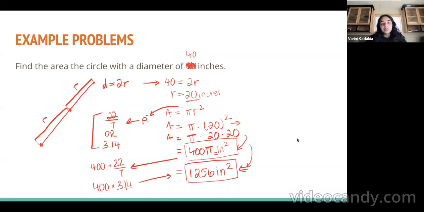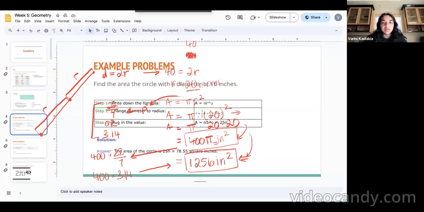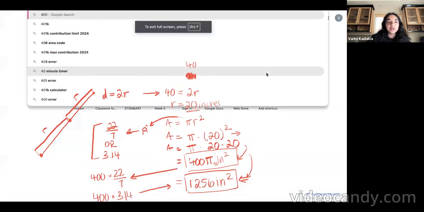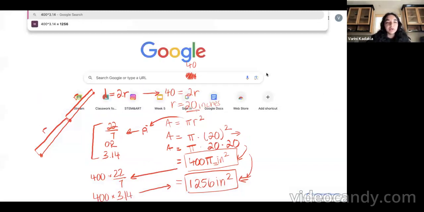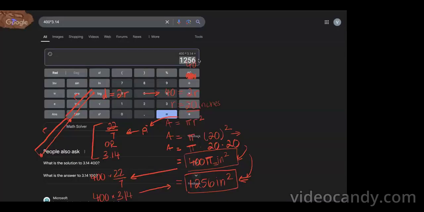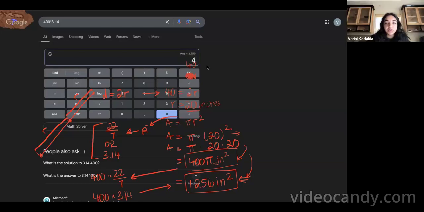So here, I'll show you. We had 400 times 3.14, which gives you 1,256. And if you do 400 times 22 divided by 7, that should give you 1,257. So if you got any of those numbers, then you're correct.